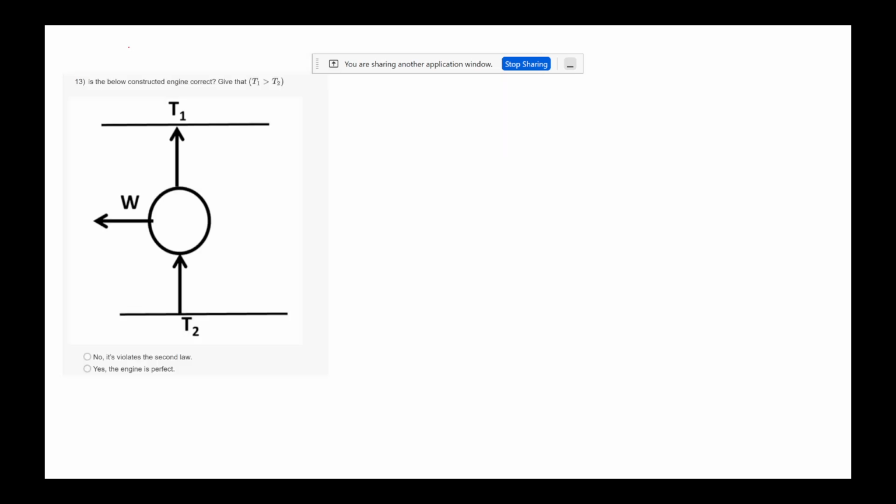Now this asks: is the below constructed engine correct, given that T1 is greater than T2?